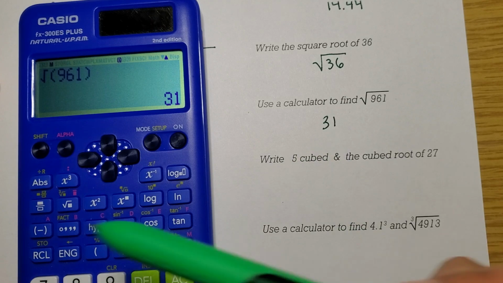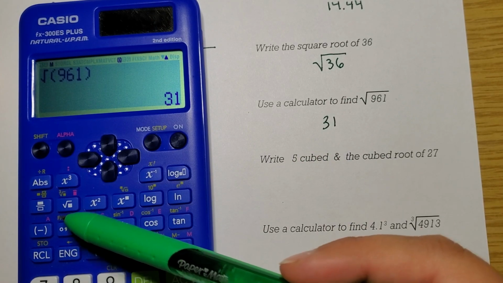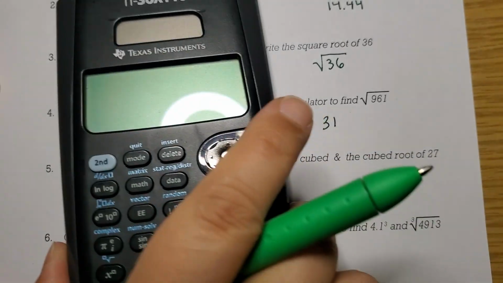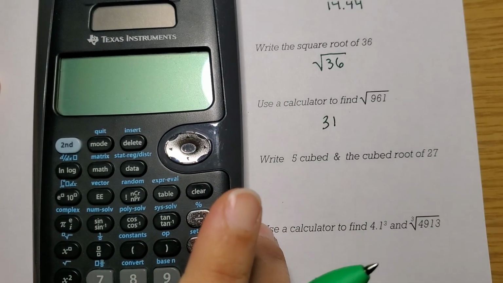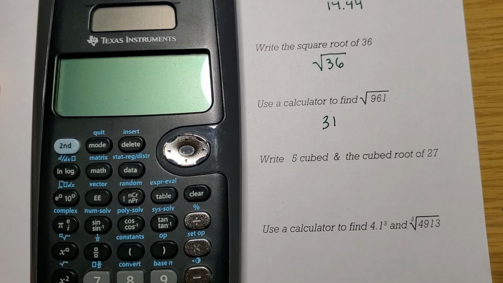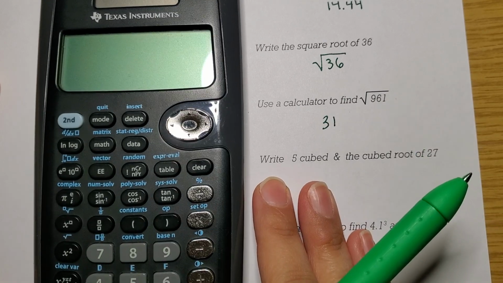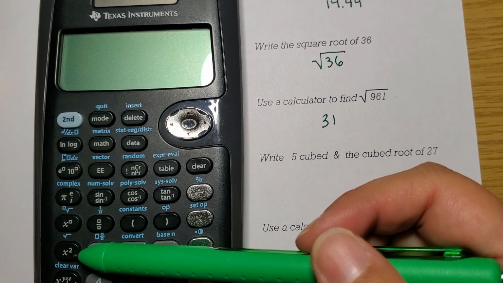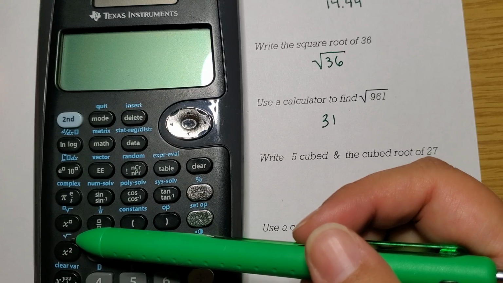Now, this calculator happens to have a square root button, but not all calculators do. So here is our friend, the TI-36X Pro. Here's the squaring button, the x squared, so that'll do the squaring for us. And notice in blue, just above, is the square root sign.